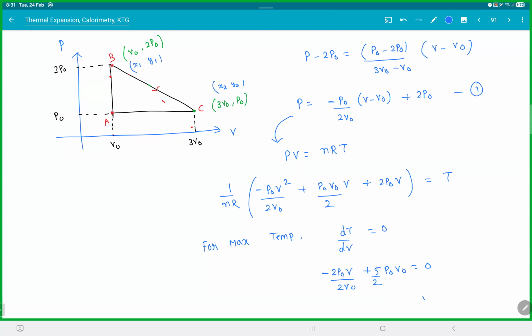So you'll get V is equal to 5 V naught by 2. So at this volume, you get maximum temperature. Then you'll take this and substitute here. And when you do that, you will end up with T max is equal to 25 P naught V naught by 8 R.